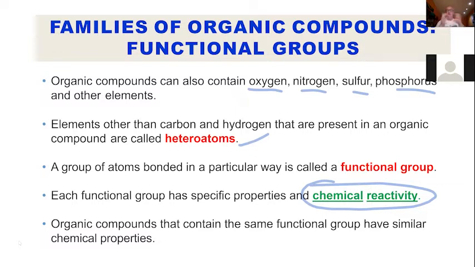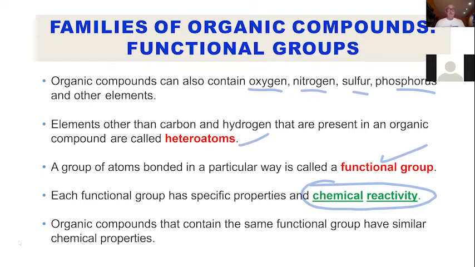And a group of these heteroatoms plus carbon bonded in a specific way, we call that a functional group. And all functional groups are similar to each other. They have similar chemical properties. And so organic compounds with the same functional group sort of react all the same way.